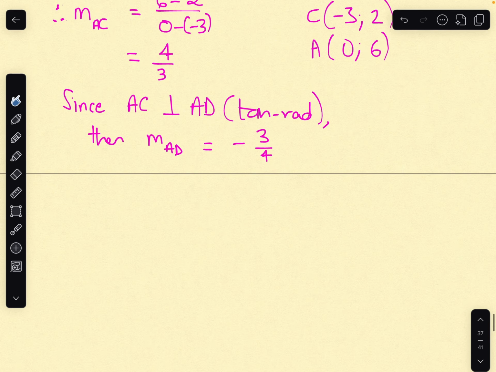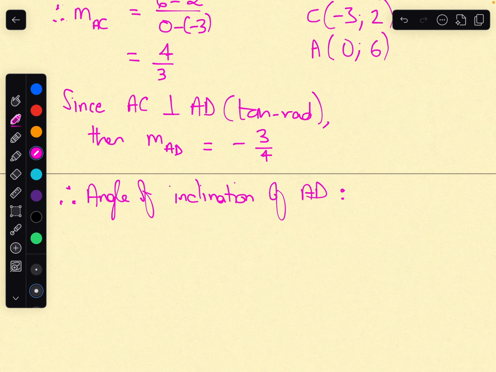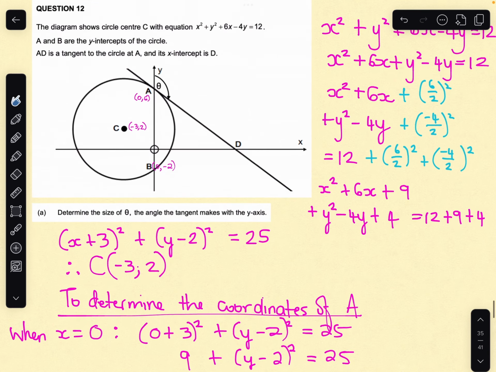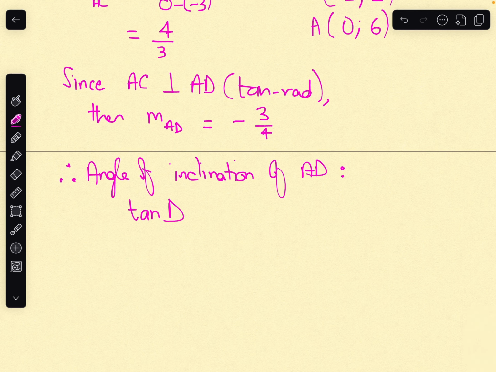So therefore, the angle of inclination of AD can be worked out as tan of the angle, for lack of a better name, we'll call it D. But yes, tan of D is equal to the gradient of AD, which is negative 3/4.